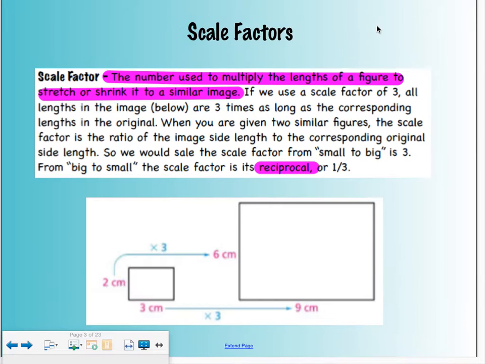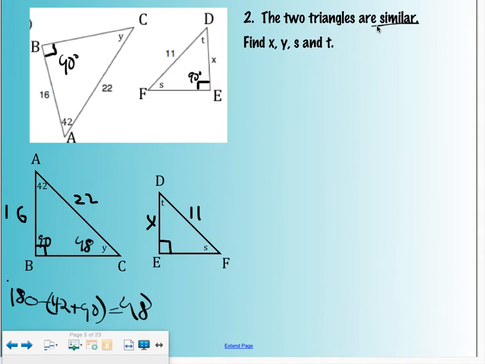So knowing that, T has to be the same as which one? Y. So corresponding angles have to be equal. So we set this up so the angles match. So you just look and see that T corresponds to 42. S corresponds to Y, which is 40.